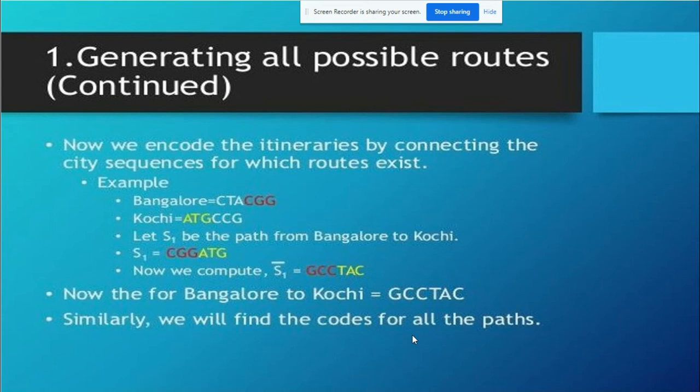So Mangalore to Kochi has GCCTAC as the DNA strand. Similarly, we find the codes for all paths in the possible routes. And now we will explain for each city how it follows the path, and finally the salesman reaches Kochi, his final destination.